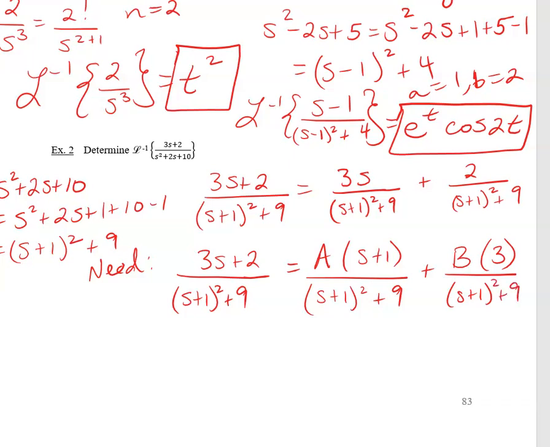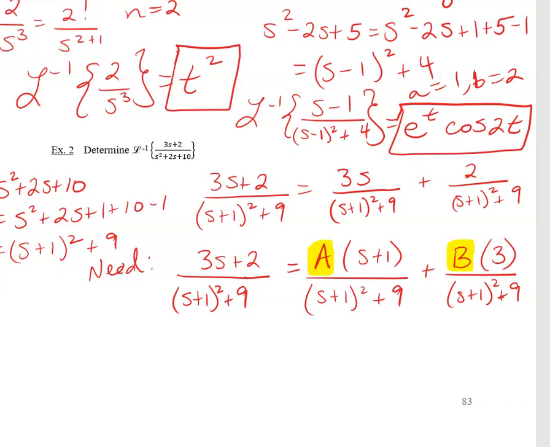All right, let me clarify what I'm doing because I know this is confusing. It's almost like I'm matching up a one-to-one correspondence. So I need that first term to contain an s plus 1, and my job is to find out what I need to multiply that by, what this a needs to be to give me an s plus 1 here. In the second term, I need this to be a 3, so my job is to find out what to multiply by to give me a 3 in that numerator.